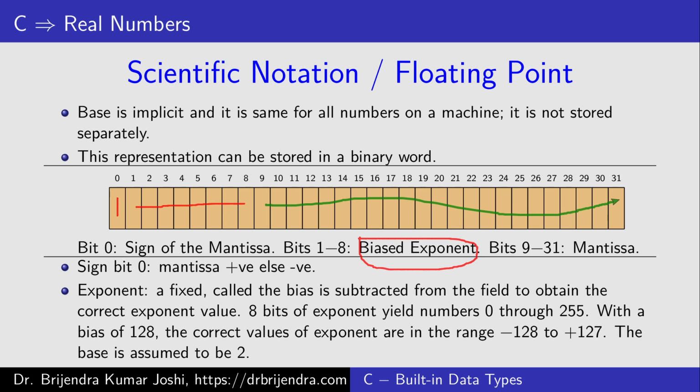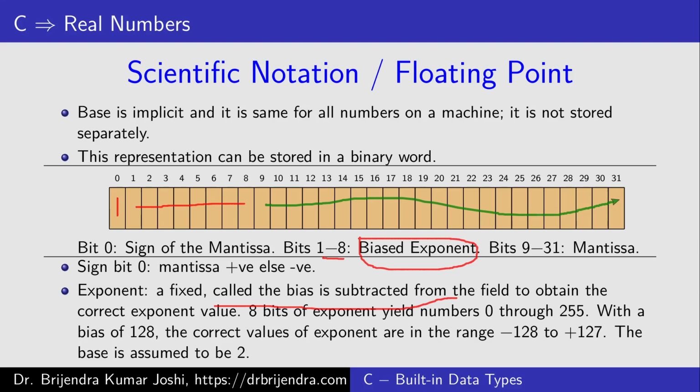Now the exponent is a fixed value called the bias, which is subtracted from the field to obtain the correct exponent value. So how many bits are there in the exponent? 8. So 8 bits can represent 255 as the maximum number. If all 8 bits are 0, then it is 0. If all bits are 1, it means 8 ones, that is 255.